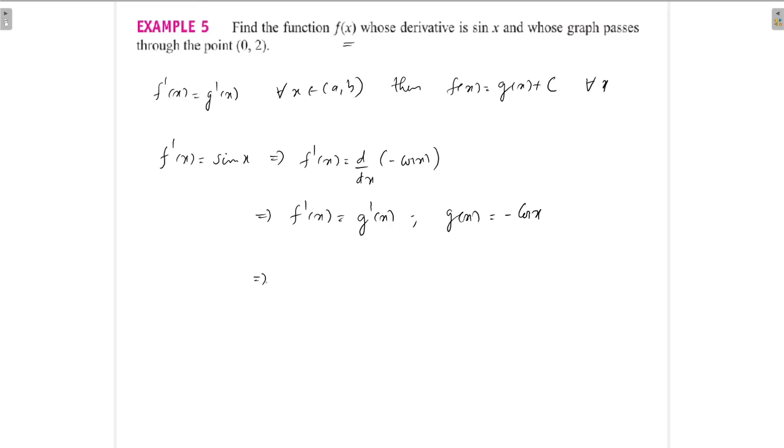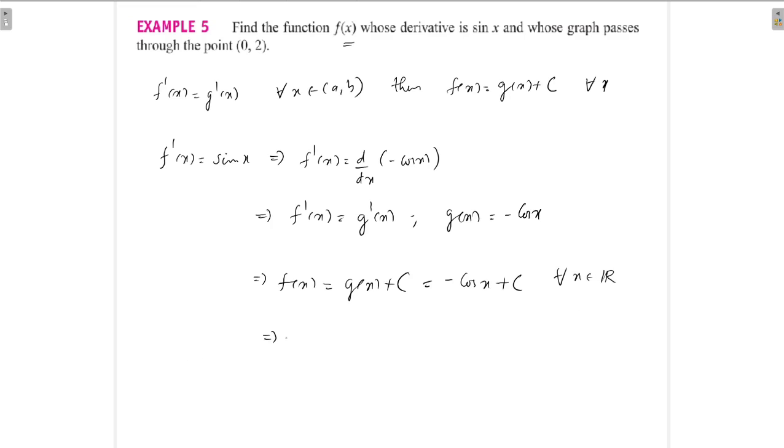So this implies f of x equal to g of x plus c, that is minus cos x plus c, for all x belongs to any interval, or you can write it as R if no interval is specified here.